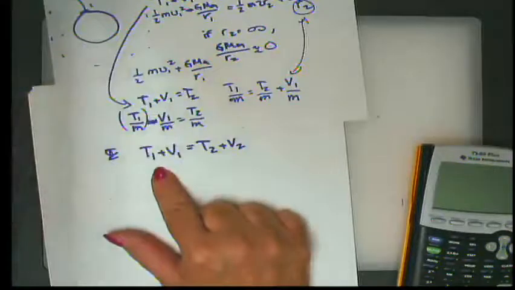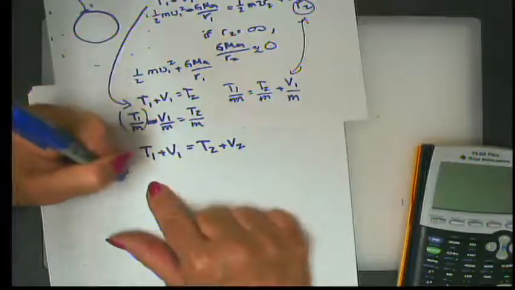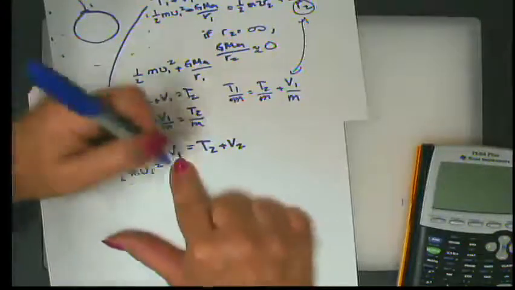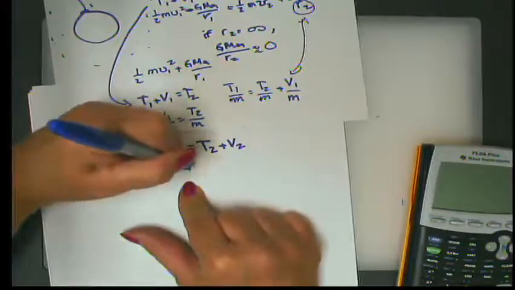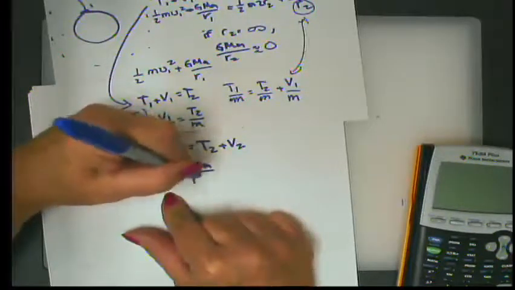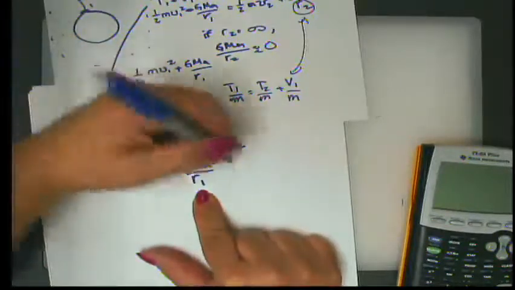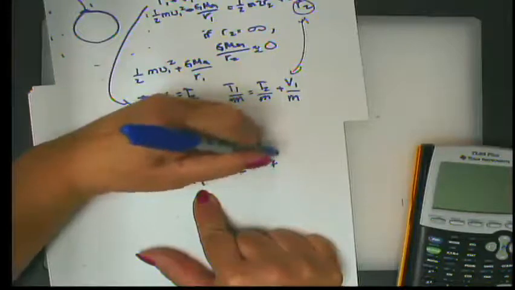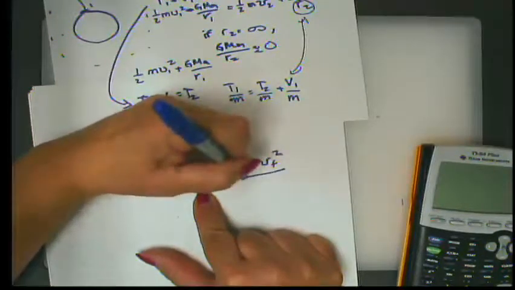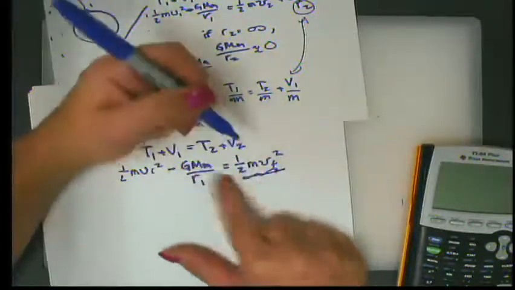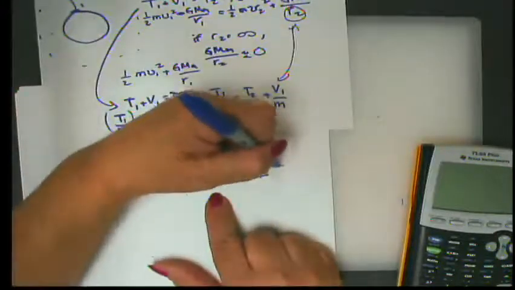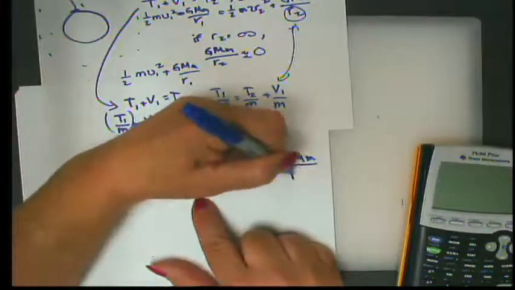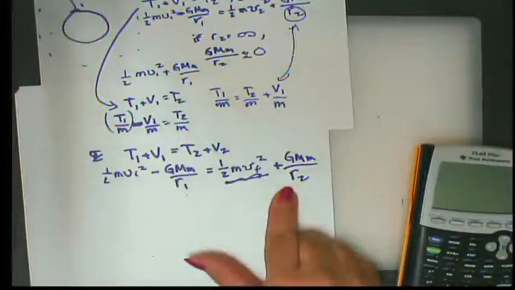That is clearly the case. 1/2 m v initial squared minus GMM over r1, being the radius of the Earth, equals 1/2 m v final squared, let's just leave it like that, plus GMM over r2, whatever r2 is.